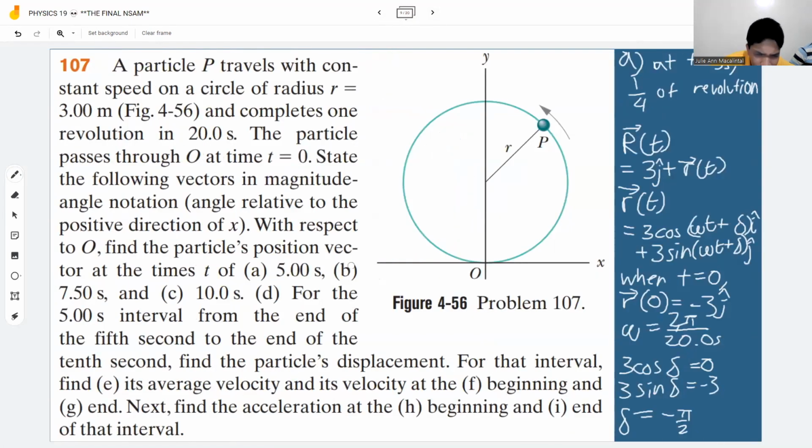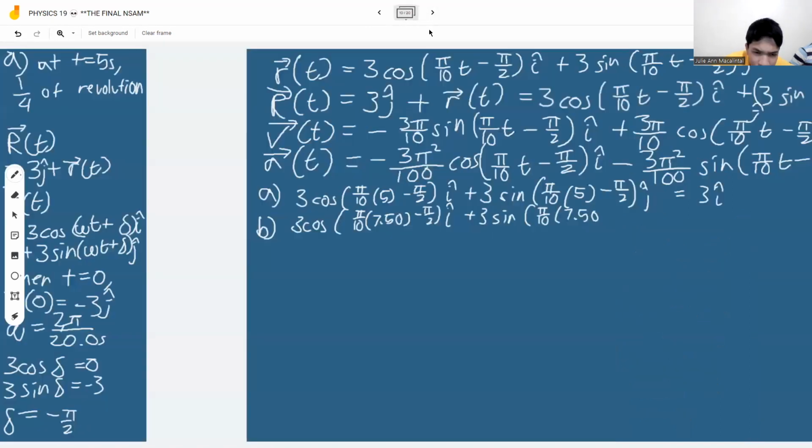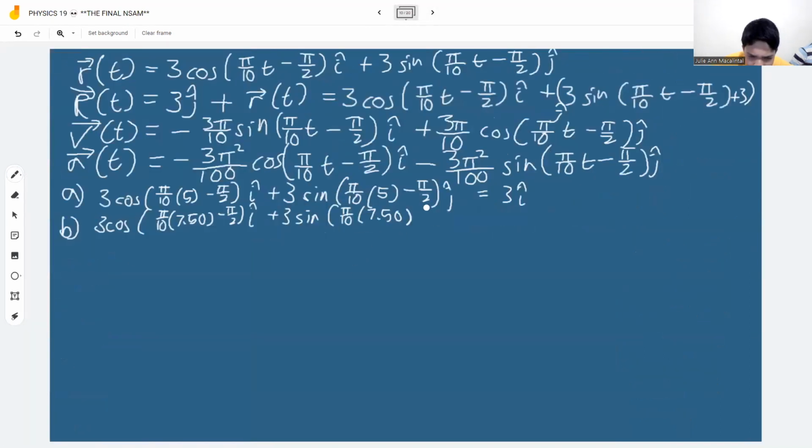Sorry, 105. Sorry, mali din ako. 107. So we're looking for the position vector. Okay, so sige, okay lang. Problem pala yung tinitingnan ko.